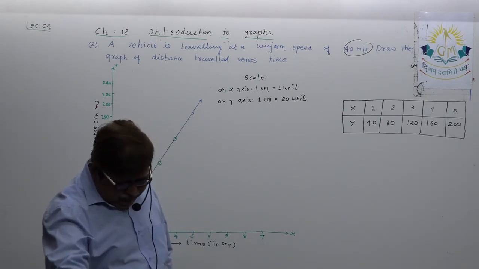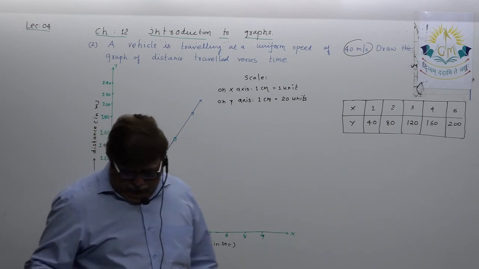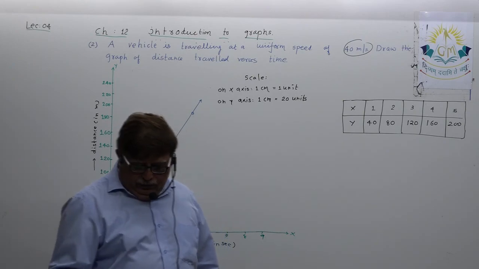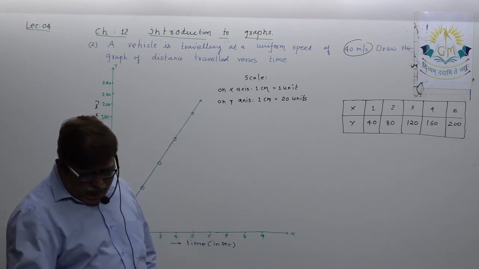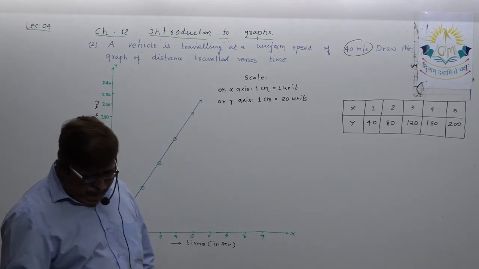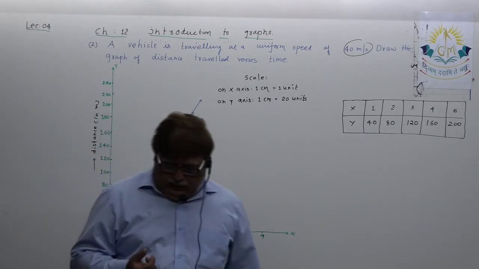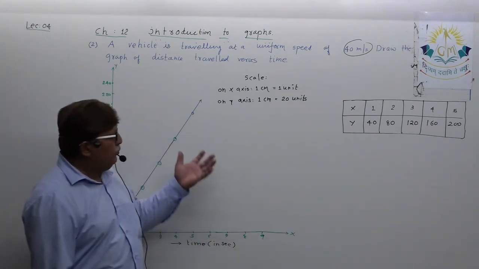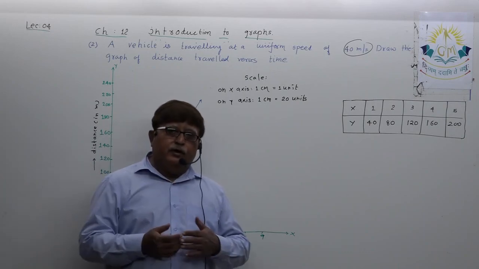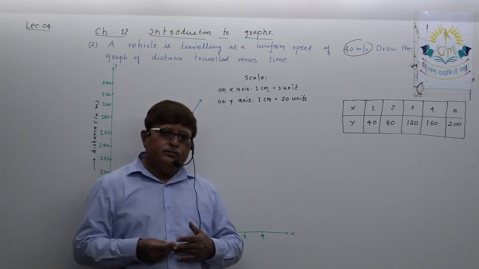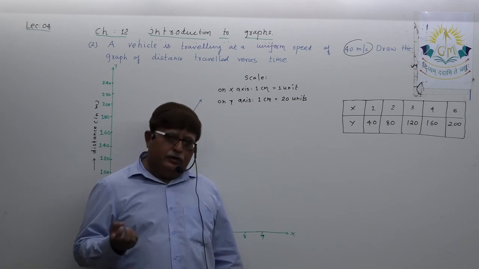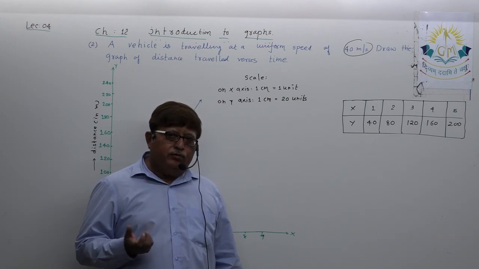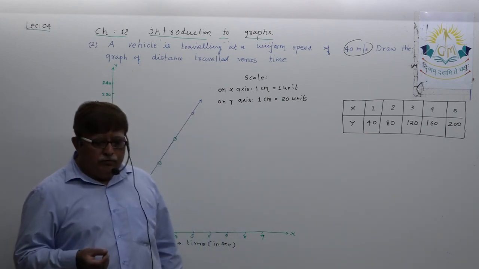As far as various types of graphs need to be practiced, we have taken almost all types of graph. Understand? We have taken graph of simple linear equation, then we have taken the graph of rectangle, then we have taken the graph of square, where you produce the graph of area of square versus the length of the side.